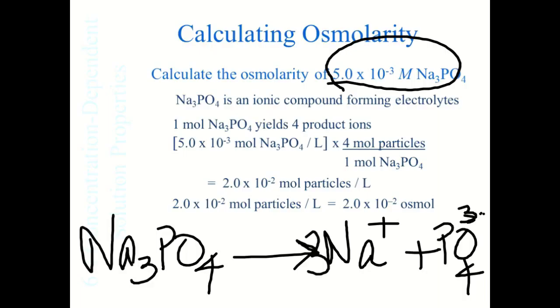3. So when I balance this equation, would I put a 3 in front of the sodium? Yes. And the PO4 is the whole thing. Remember, if it's in parentheses, don't split the PO4. I see 1 here and 1 here. How did they come up with 4 particles? Well, that's 3 sodium ions and 1 phosphate, a total of 4.